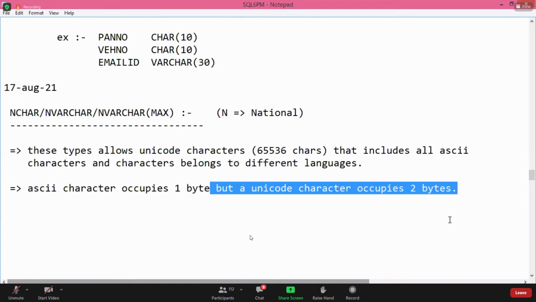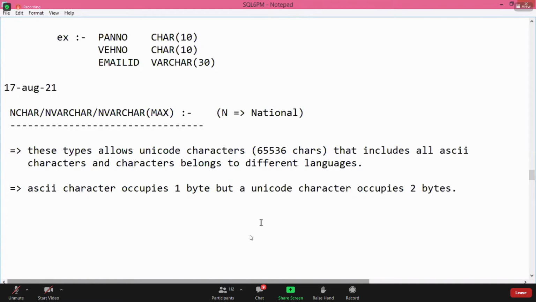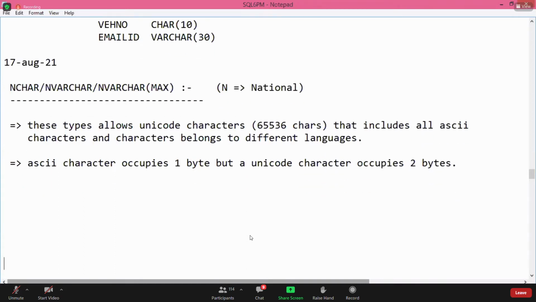So one character takes 2 bytes. If you use char and varchar, one character takes 1 byte. If you use nchar and nvarchar, one character takes 2 bytes. That's all. So this is one difference.